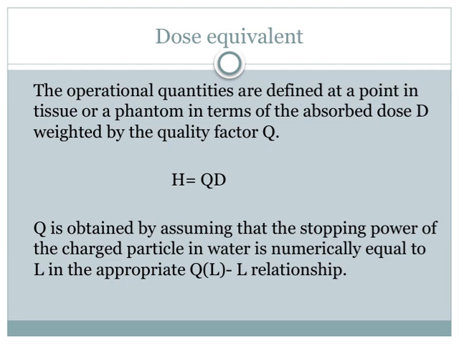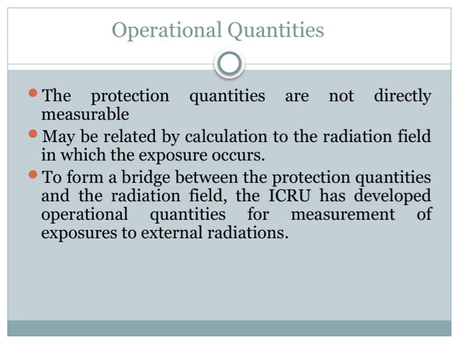in understanding radiation protection. The protection quantities are not something we can measure directly. Instead, they are related through calculations to the actual radiation field where the exposure happens. To make this connection clearer and more practical, the ICRU has developed what are called operational quantities.